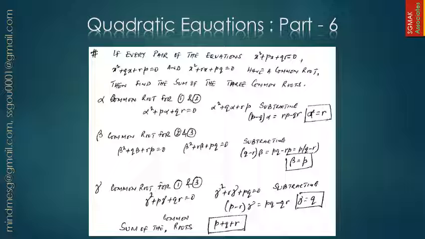So let's say the common root for the first pair is alpha, which satisfies both. The second pair is beta, which satisfies both, and the third pair is gamma, which satisfies both. So you get a relation from the first one: alpha is R, from the second equation beta is P, and the third one gamma is Q. So the sum of the common roots will be P plus Q plus R.